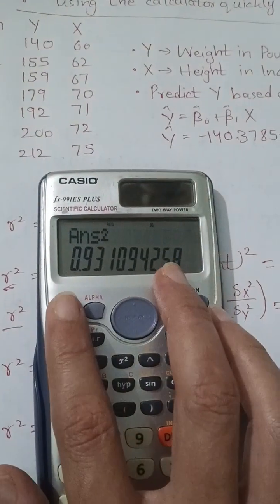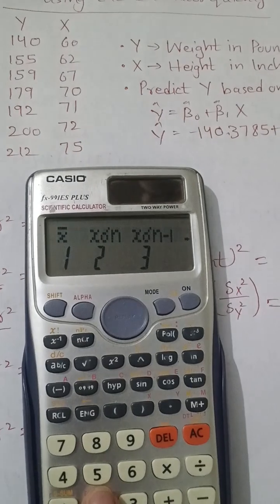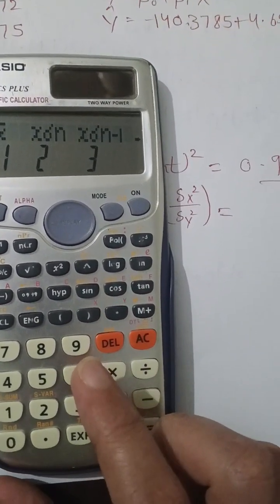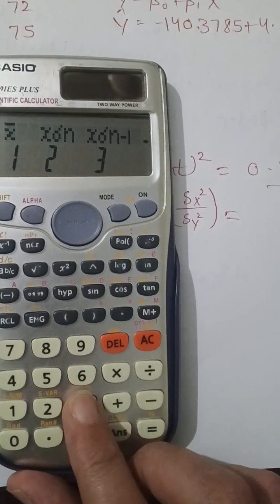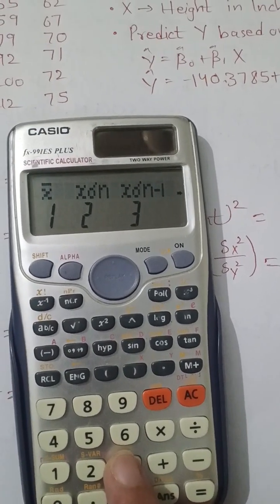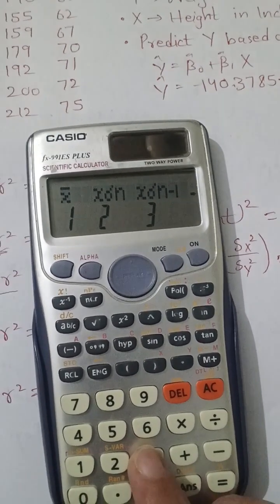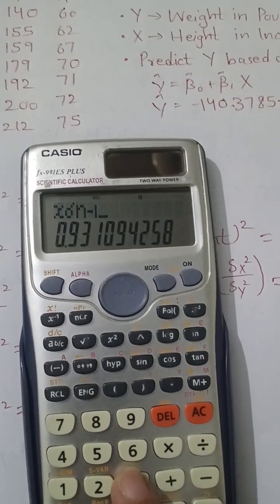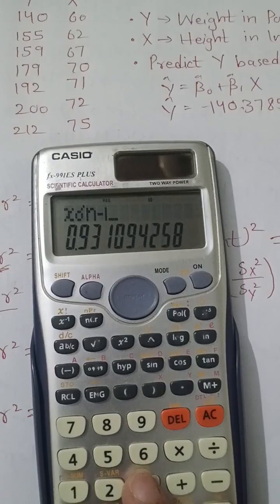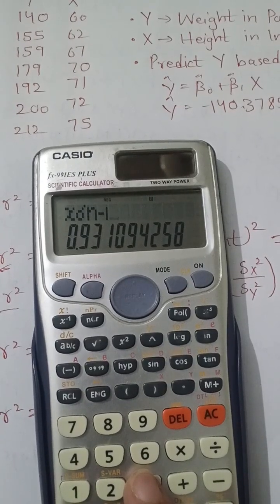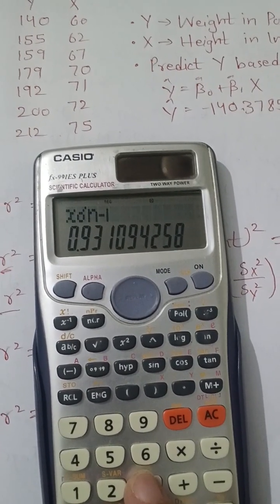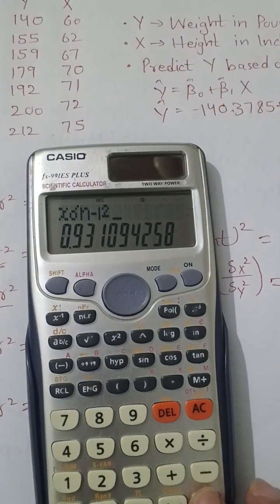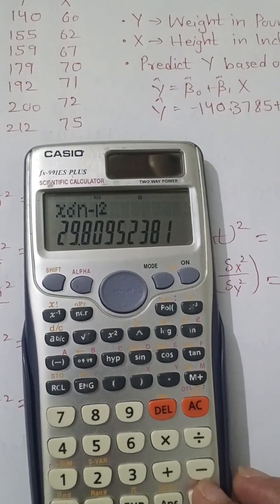You go to shift and then press 2, and if you want to find the sample variance of x variable, press 3, which gives the sample standard deviation of x. You know that variance equals standard deviation squared, so you need to square it, equal, which is 29.80.